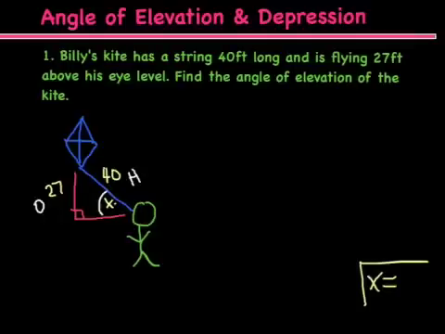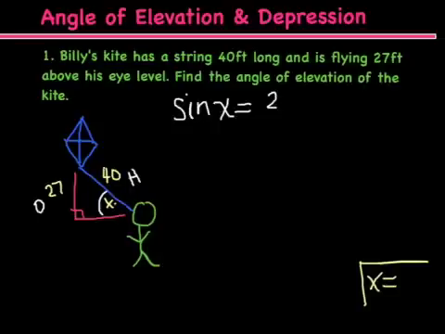Remember that sine uses opposite and hypotenuse, so sine of x is equal to opposite, 27, over hypotenuse, which is 40. We're looking for an angle this time, so remember we're going to use inverse sine.